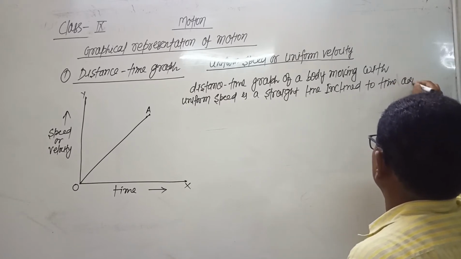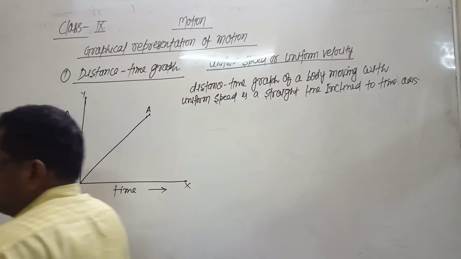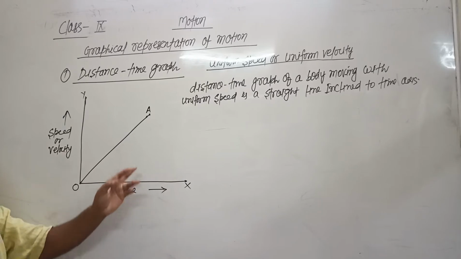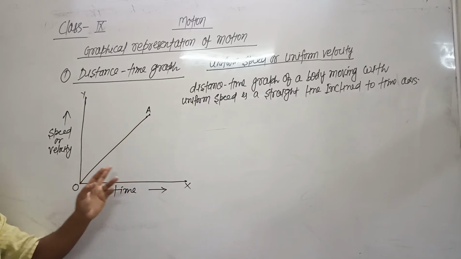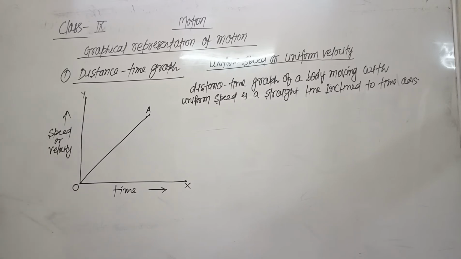A straight line graph inclined to the time axis shows that the body covers equal distances in equal intervals of time.